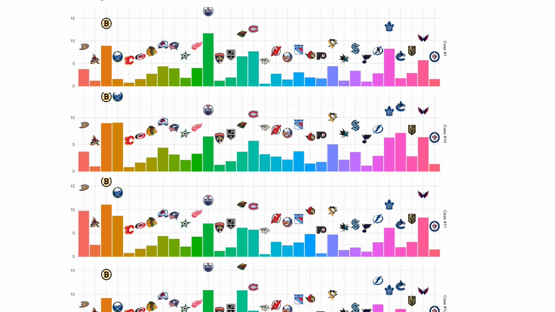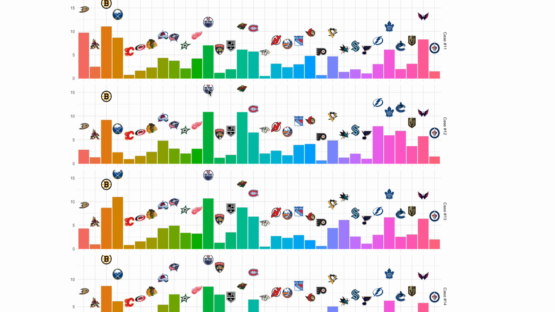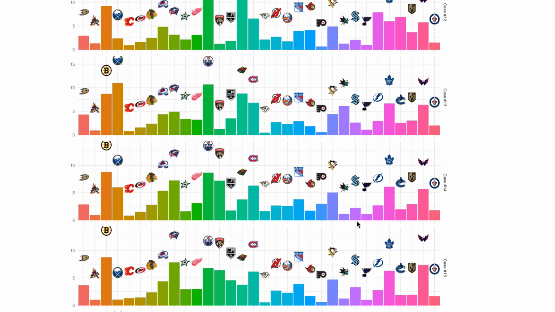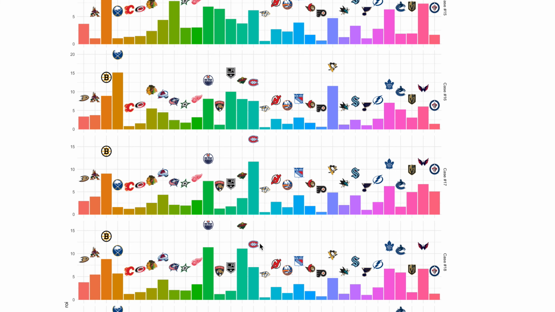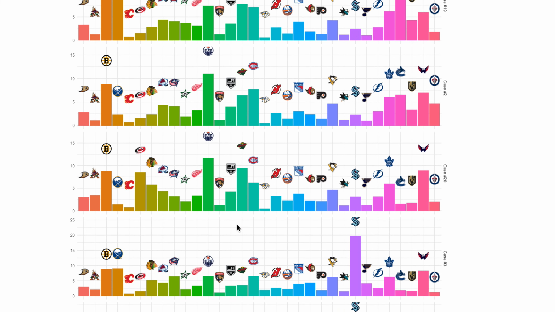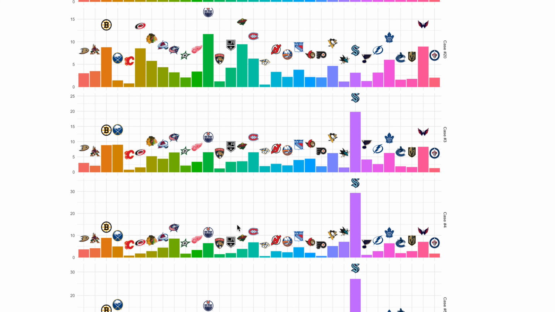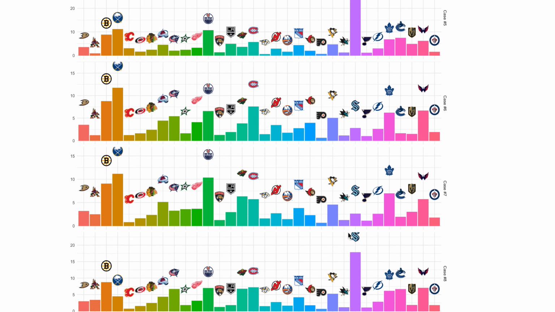Just find the teams that you're interested in and kind of look, screenshot, figure out the frequency that they hit hard and the frequency that they miss a lot. So we got some teams here like LA got a good break here, but not so good there. So that's what I'm trying to show you here, is that there's variance, and you should always keep that in mind. Sometimes the Kraken are just like the best. So there's a little bit of variance there.